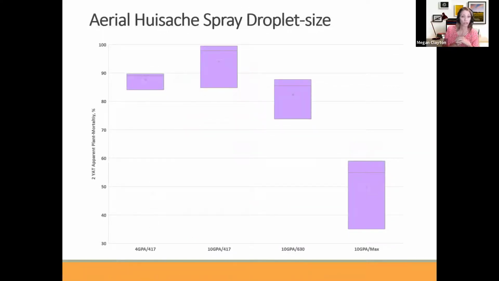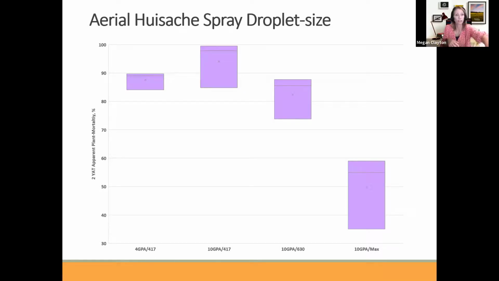Here's another way to look at it, as a box and whisker graph. The X is the average, and the range is across all different sites where we had data. The lowest you would find it is for 10 gallons, that very coarse droplet, about 35% control all the way up to 58% control or so.